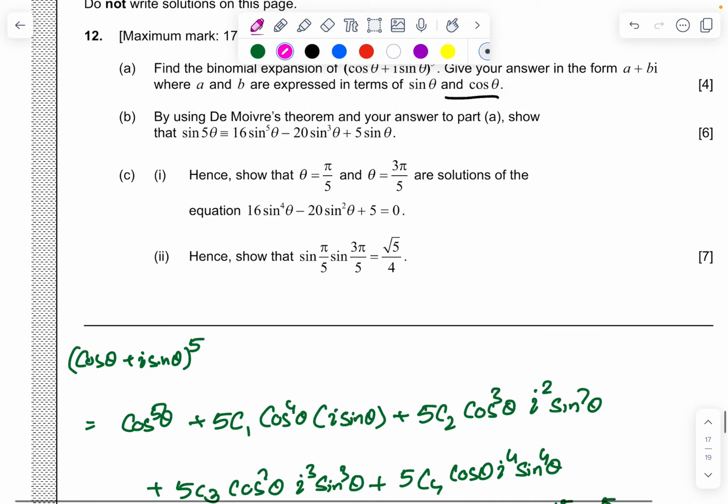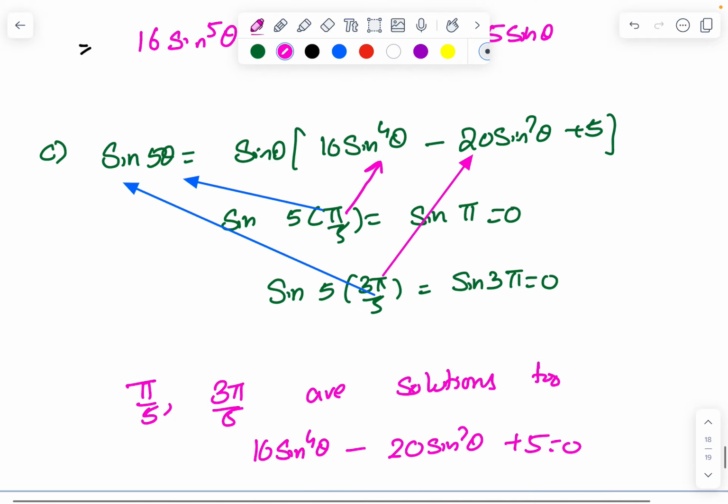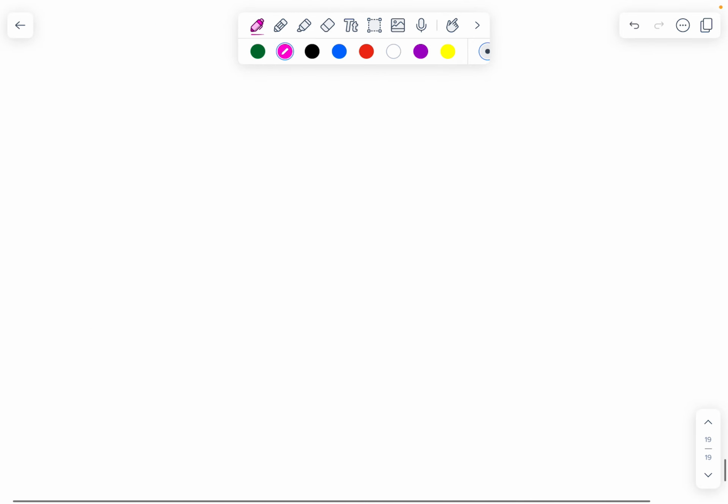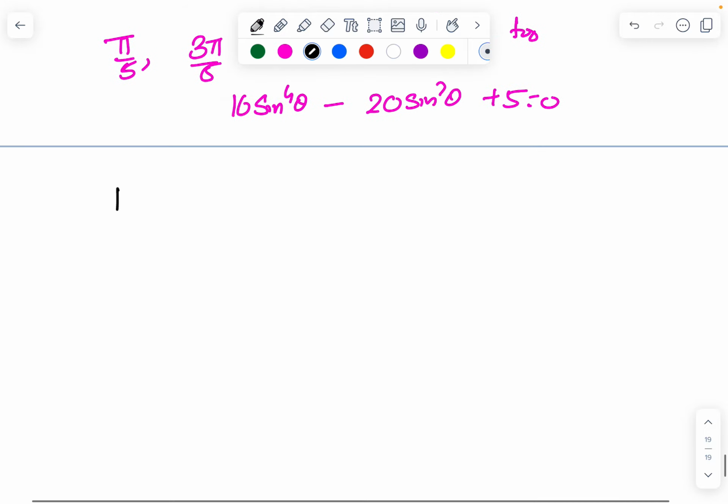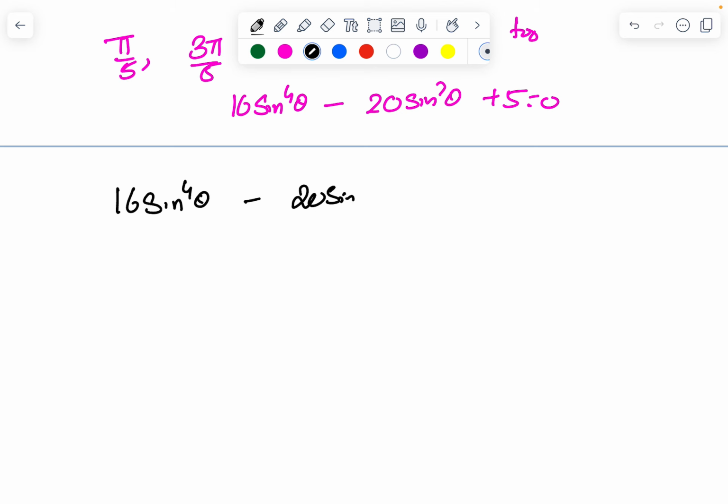Finally, hence show that sine pi by 5 times sine 3 pi by 5 equals root 5 by 4. So we got 16 sine to the power of 4 theta minus 20 sine square theta plus 5 equals 0.